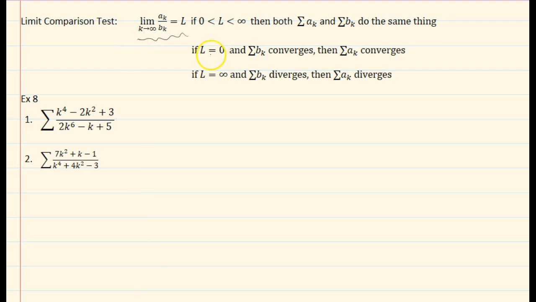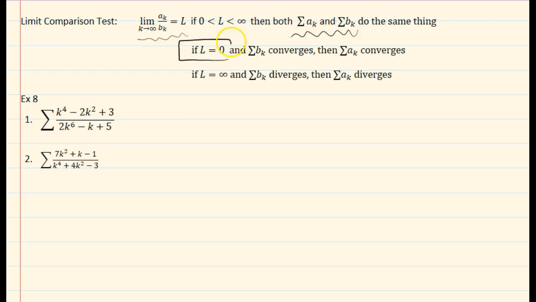If we get a finite number, some number between 0 and infinity, but not equal to 0 and not equal to infinity, then whatever my series are doing, they're both going to be doing the same thing. So we're going to pick a comparison series that either diverges or converges, and if we find the limit L is some finite number, then we know that our original series also converges or diverges, depending on what we chose for the comparison series. And we have special cases.